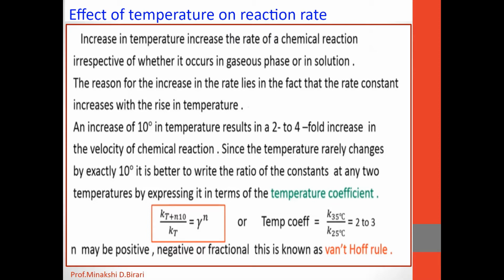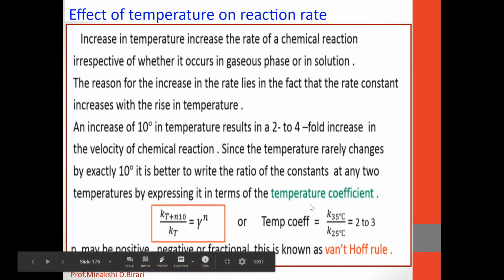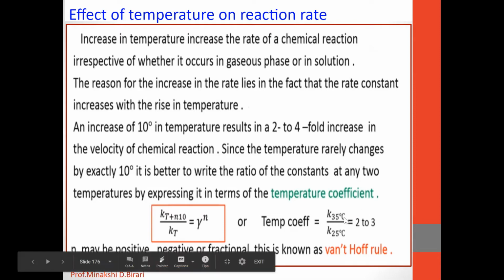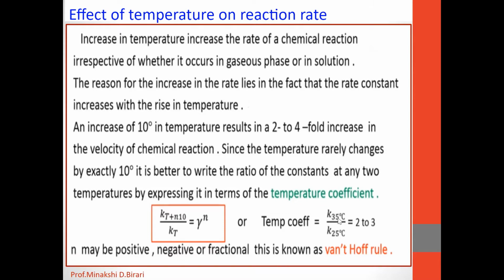The increase in the reaction velocity with temperature is sometimes expressed in the form of temperature coefficient. The temperature coefficient is defined as the ratio of rate constants of a reaction at two different temperatures separated by 10 degrees Celsius. The two temperatures are generally taken as 25 degrees Celsius and 35 degrees Celsius, which differ by exactly 10 degrees Celsius.